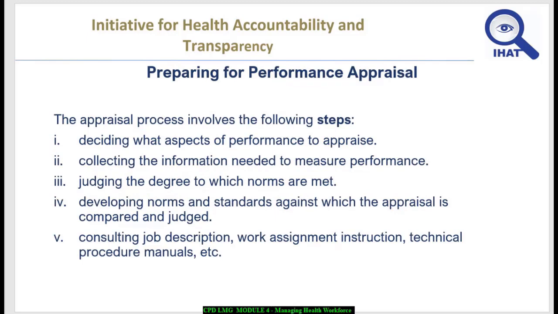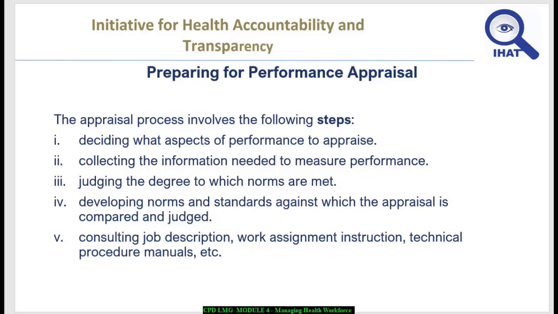How do we prepare for performance appraisal? There are steps that we need to take in preparation, and this includes deciding what aspects of performance are to be appraised, collecting the information needed to measure performance, judging the degree to which norms and standards are met, developing norms and standards against which the appraisee is judged, and consulting the job description.